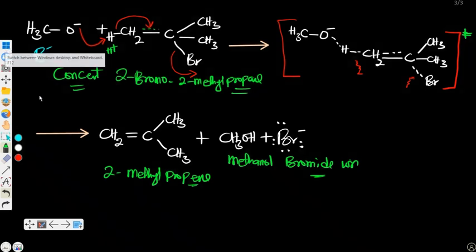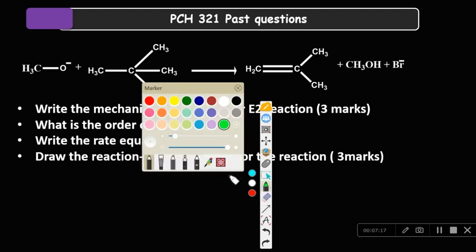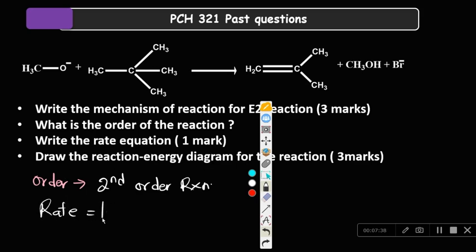Now the next one is, what is the order of the reaction? If you look at this reaction very well, it's an E2 reaction, so the order is a second order reaction. So we can say order is second order reaction. Write the rate equation. Now what is the rate for a second order reaction? Rate is k times, we have this as the substrate. I told you that here what you have is Br, right?